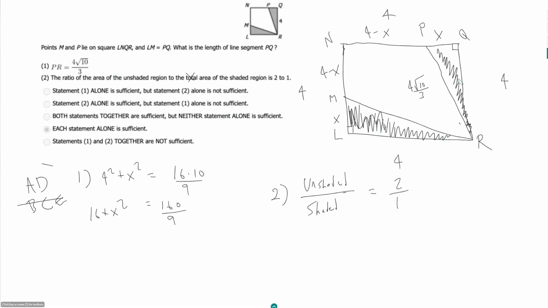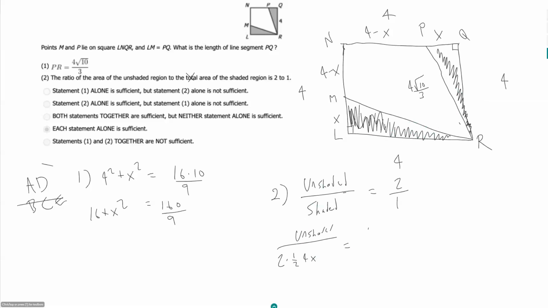So what of these two is easy to find? The shaded area should be easy because we've already been looking at our triangles here. Remember, our triangles are the same, right? So the area of my shaded region should just be 2 times the area of one of my triangles. So this is unshaded over 2 times 1/2 times 4 times x.